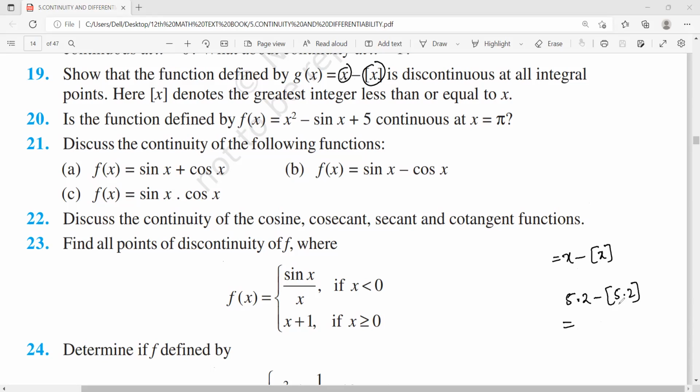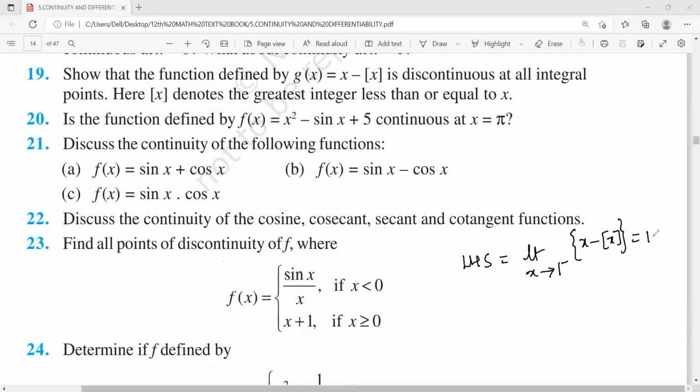The integral part is 5, then you get the fractional or decimal part. So that's also discontinuous at the same integer point. So you can write LHL: the limit as x tends to 1 minus of x minus integral part of x. Let's say this is the function.